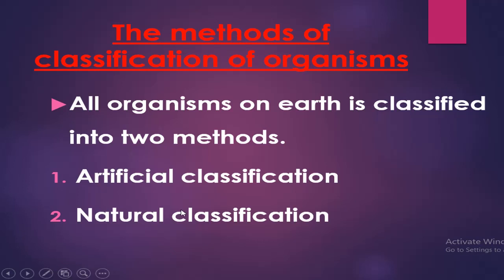Now we have learned about the methods of classification of organisms. All organisms on earth are classified into two methods: artificial classification and natural classification.